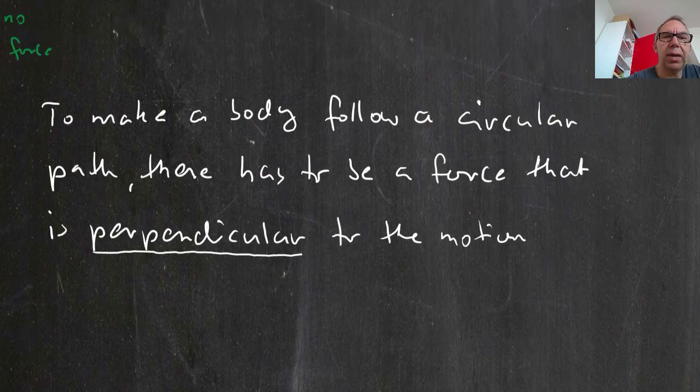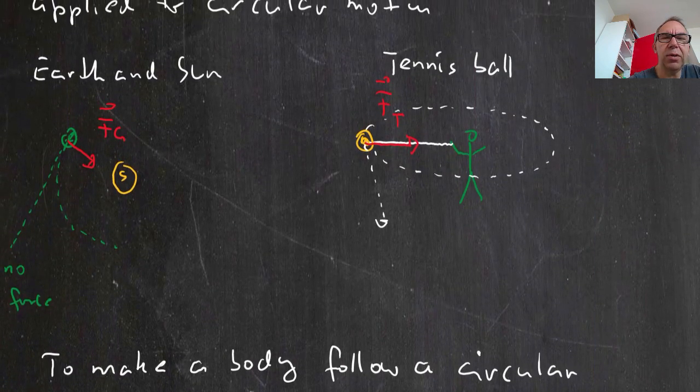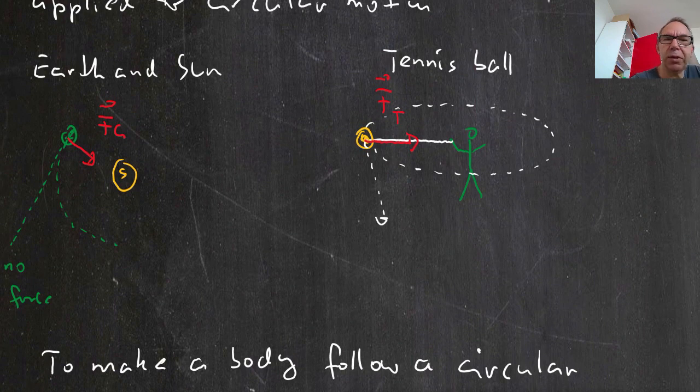Let me quickly show this. So we have, for example, this motion along the circle, and the force is perpendicular, and here the same. The momentaneous velocity is along the circle, so it makes a tangent, and this tension force is perpendicular to it.